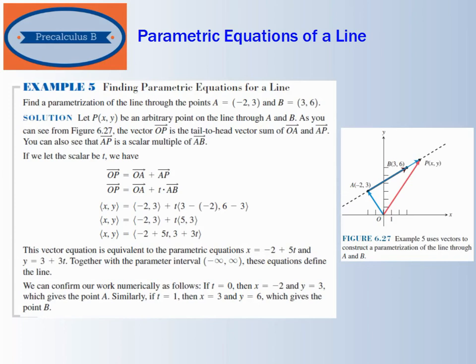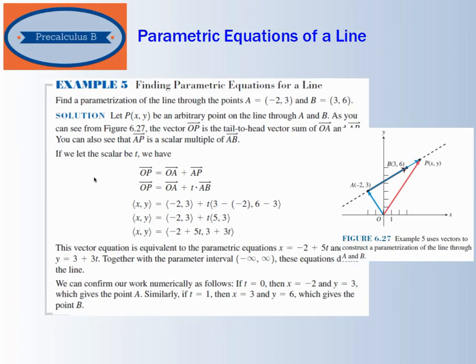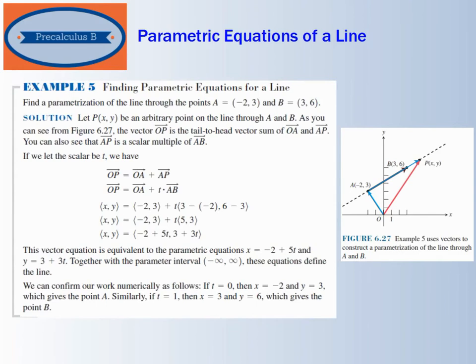And that AP is just represented as some scalar times AB. If we let that scalar be t, then vector OP is just vector OA plus AP, which is the same thing as saying OA plus the scalar times AB.